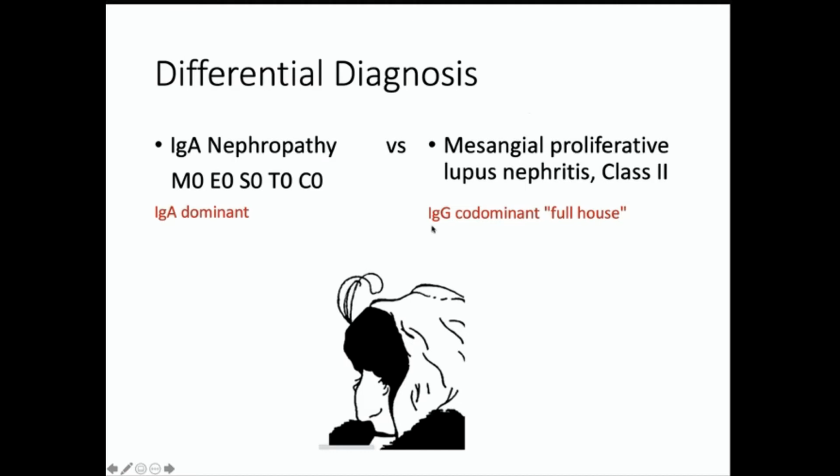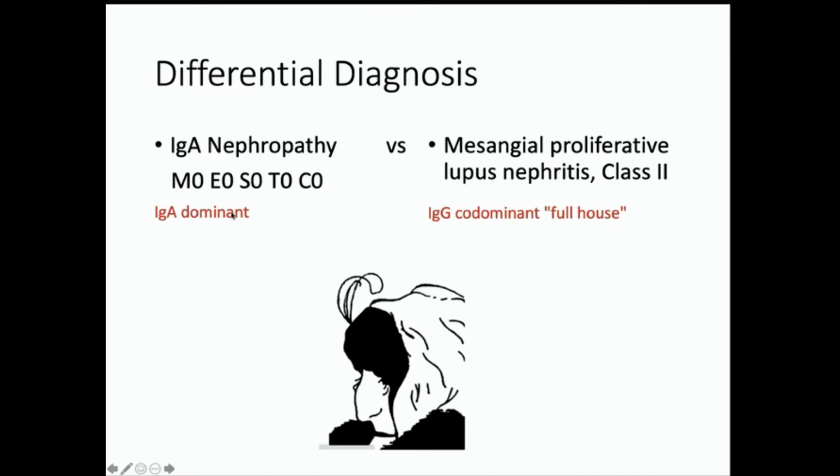We could look at this as, okay, it's a full house. It's not a very classical full house pattern because we did not see bright C1q or C3. But we can interpret it as IgG codominant, which means I have bright IgG and IgA.